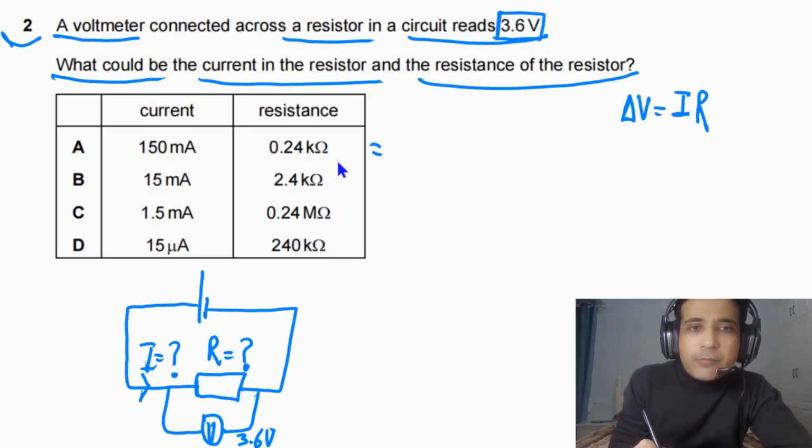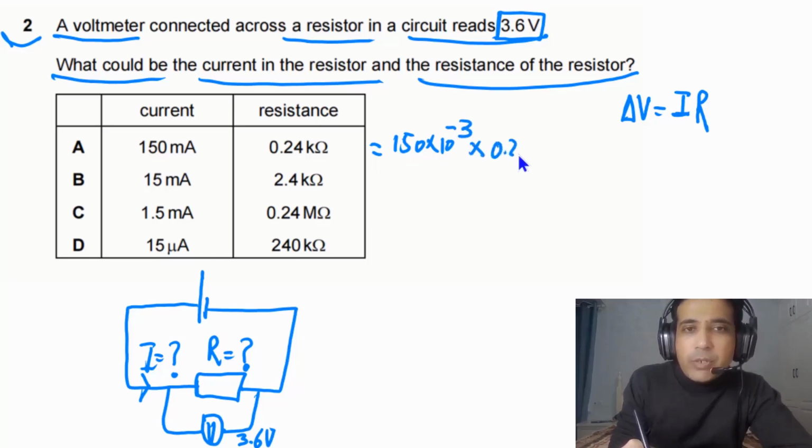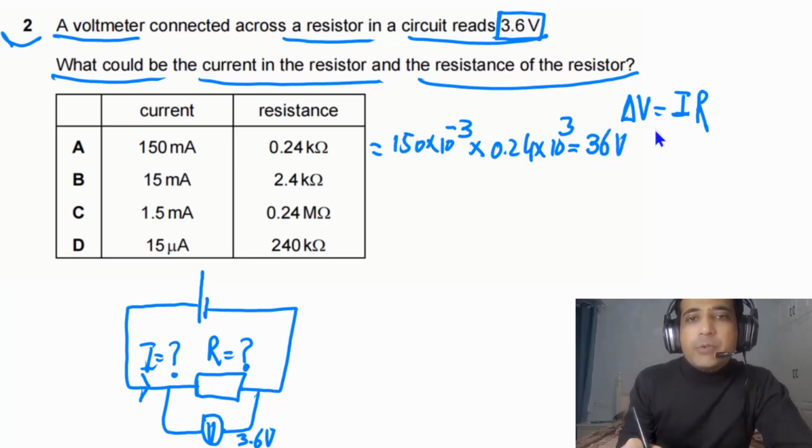First, we have 150 milliamps, so you have to be careful with units. Here we have 0.24 times 10 to 3. The powers cancel, and if you solve this you get 36 volts. So this is not a possible answer.